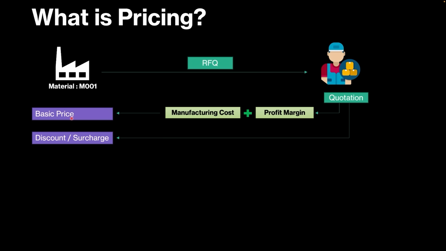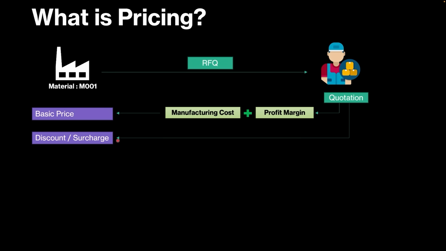For example, let's say that you're doing some crash purchasing, that is, you require the material on urgent basis. So in that case, rather than giving a discount, the vendor may levy a surcharge on this basic price. So basically the vendor will quote its basic price, and above this basic price, vendor may also quote a discount or a surcharge depending upon various reasons or various situations.